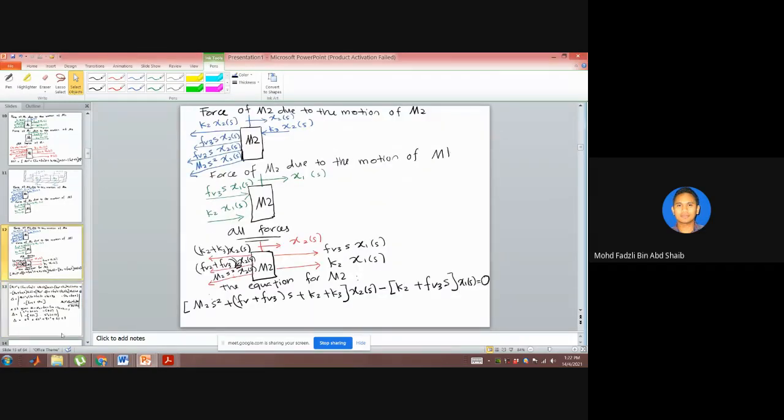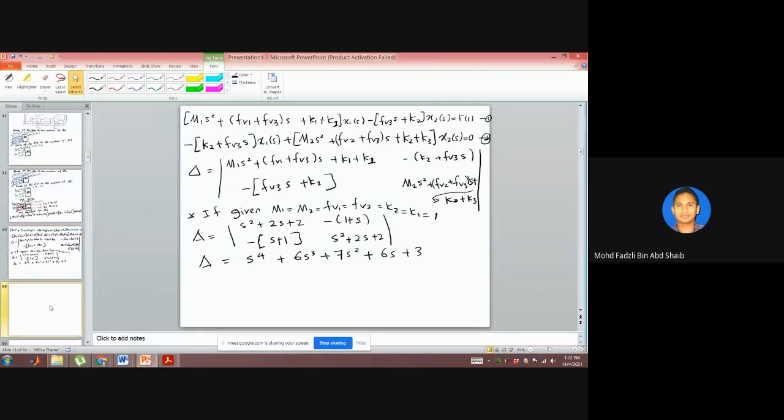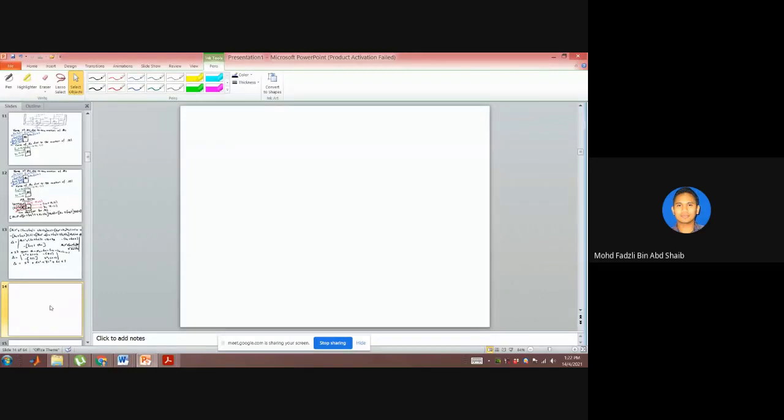Okay, we already found the determinant, right? But you still remember the things that I've shown you before? This determinant. Where's the equation? The two equations?